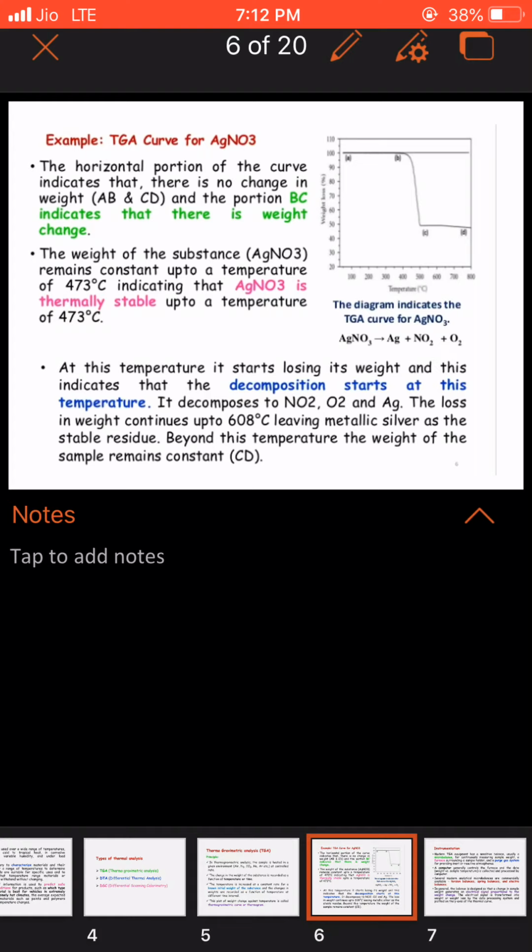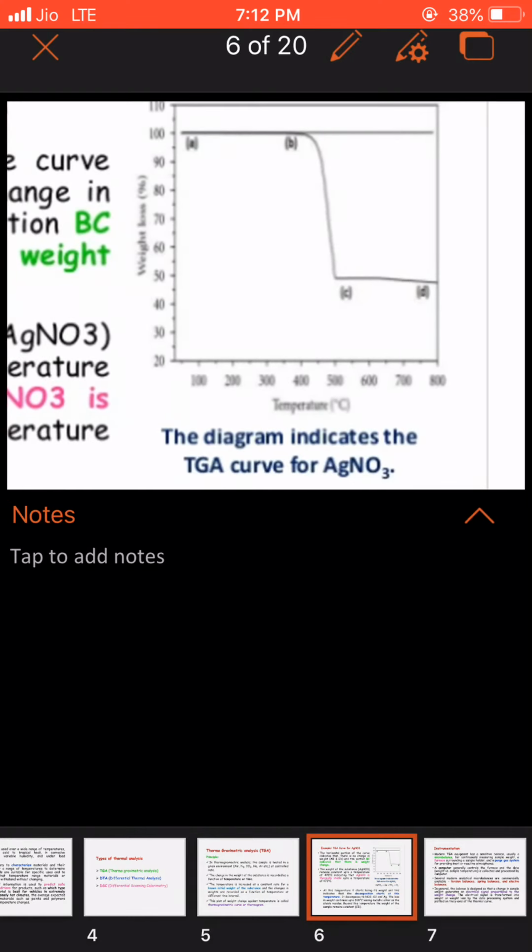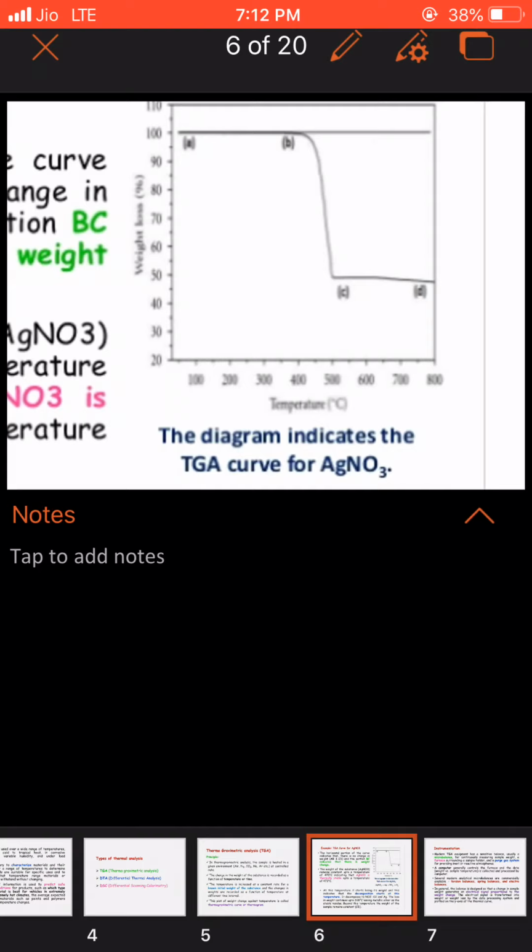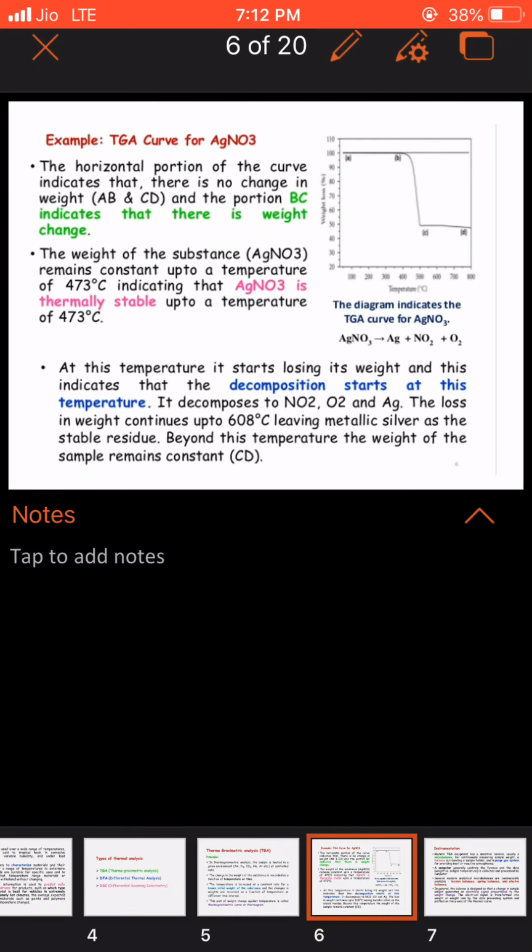So at 473 degrees Celsius, on the x-axis we can measure the temperature, almost 50% of the material got lost.